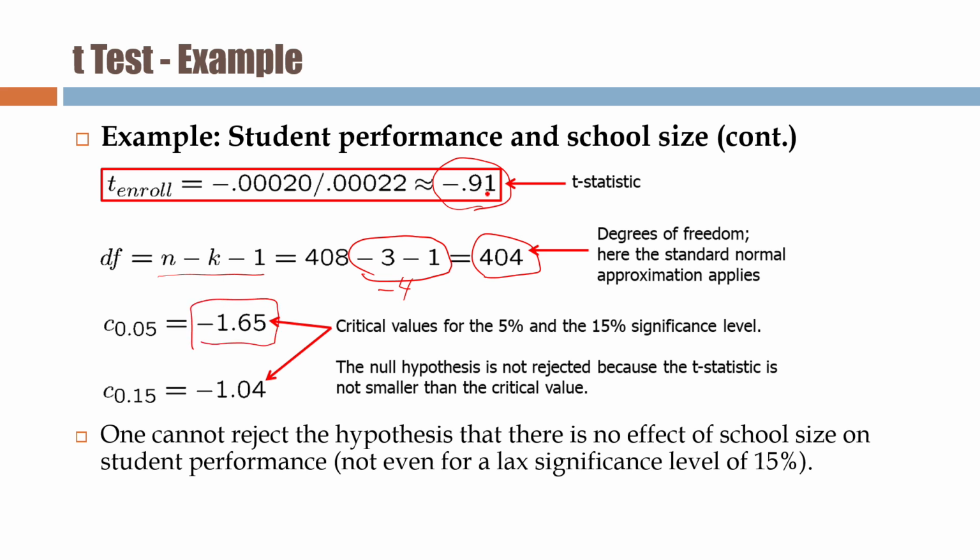But as you can see, my critical value here is minus 1.65. This is 5%. However, minus 0.91 is located here, right?